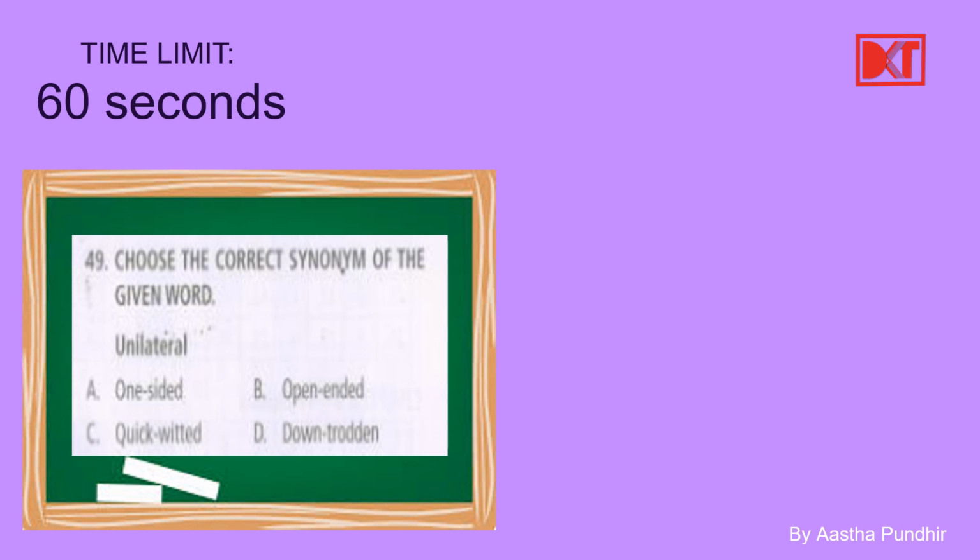Alright, here we have, choose the correct synonym of the given word. The word given is unilateral. The options are one-sided, open-ended, quick-witted and downtrodden. Now here unilateral means something which is one-sided. So the correct synonym is one-sided. Alright, from just one point of view.